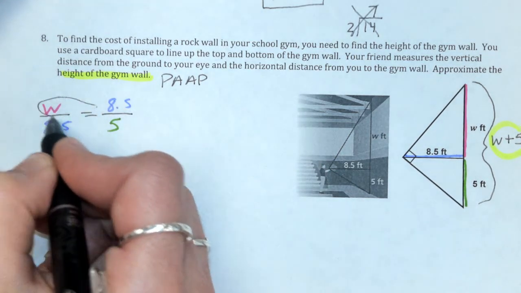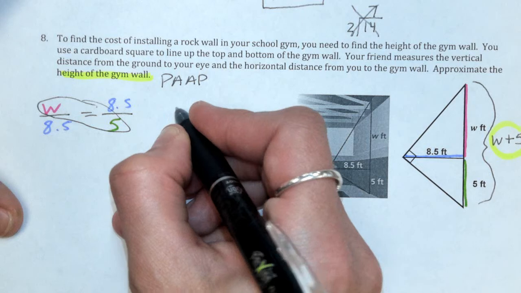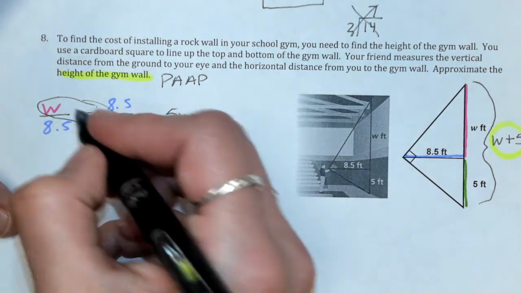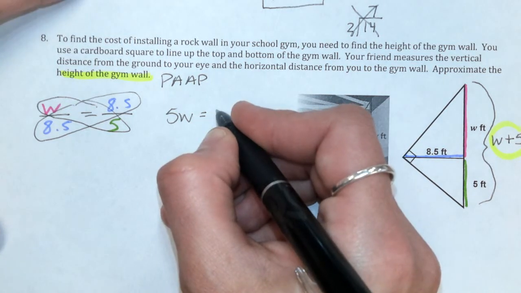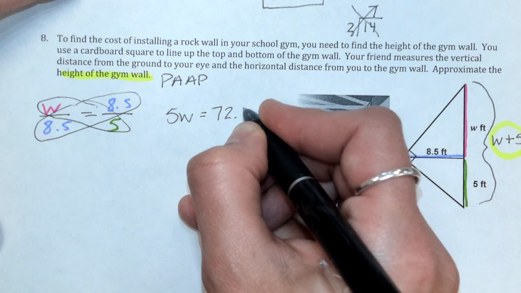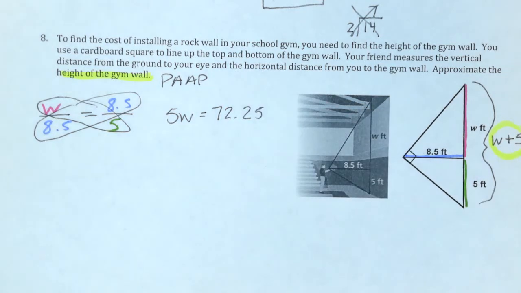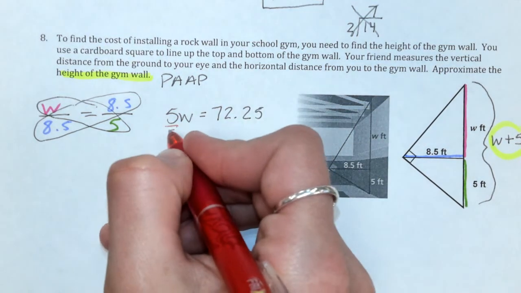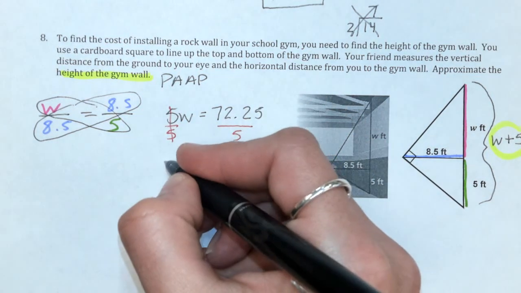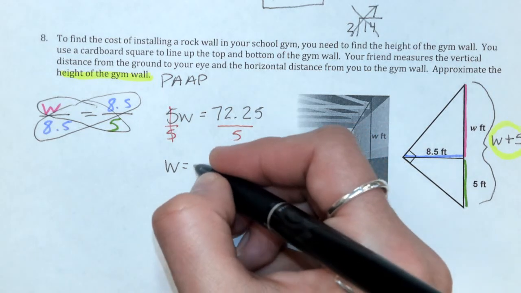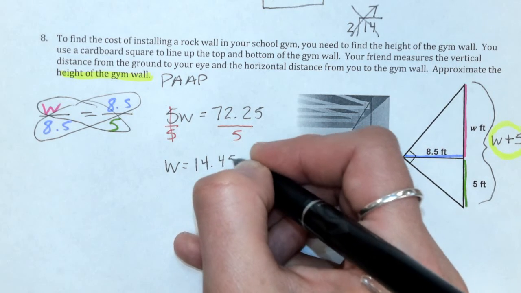Okay, so here we have W times 5 will give you 5W, and then your 8.5 squared. 8.5 times 8.5. Why push all those buttons? Just put 8.5 squared. This is going to give us some big number. I think it was like 72.25. Okay. Then when we divide both sides by that 5 to get rid of the coefficient, W is going to come out to 14 and 45 hundredths.